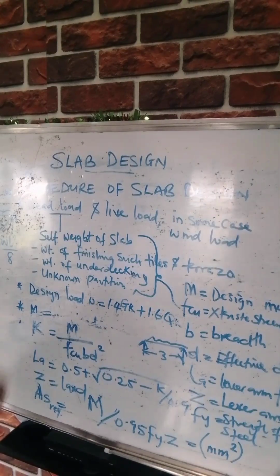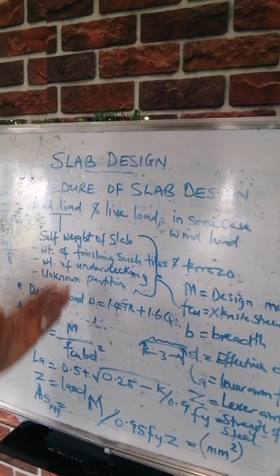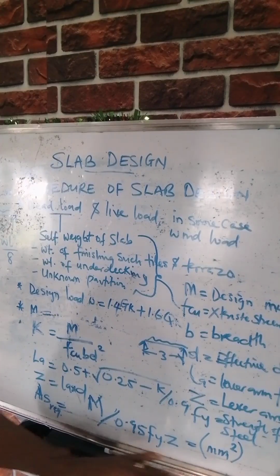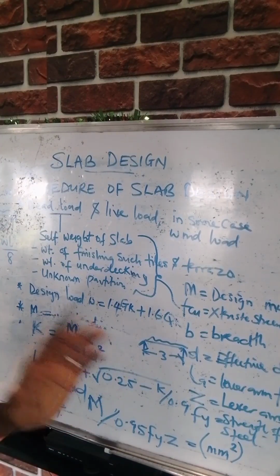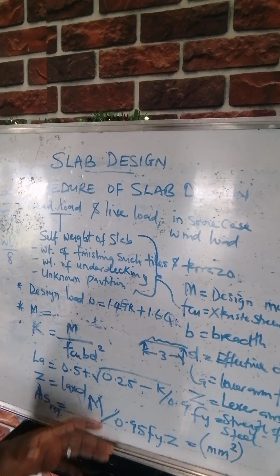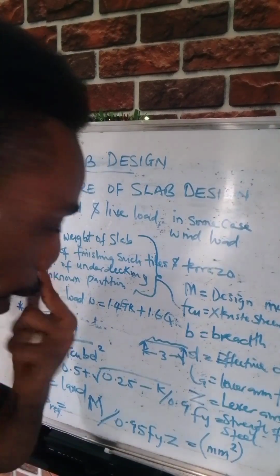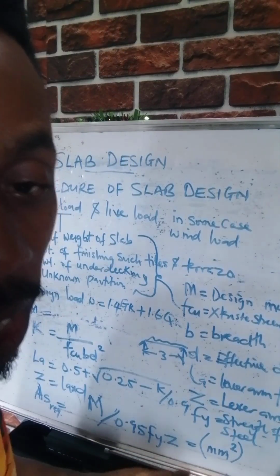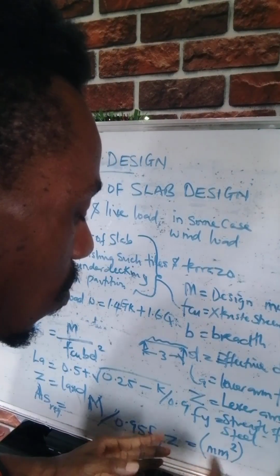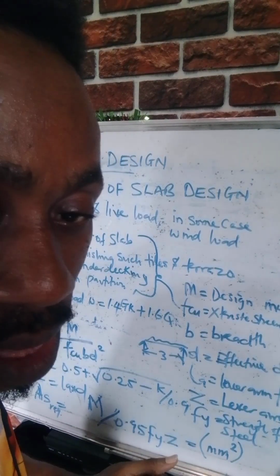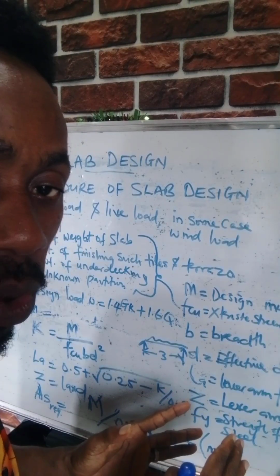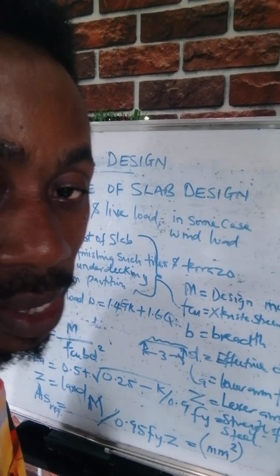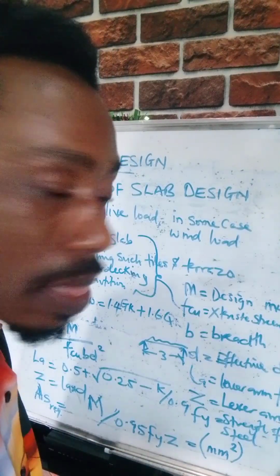All right, whatever you arrive at here, you now take it to a table where you have various areas and their reinforcements provided. You look at the area that suits the one you have calculated, then you can choose the reinforcement type from that table.